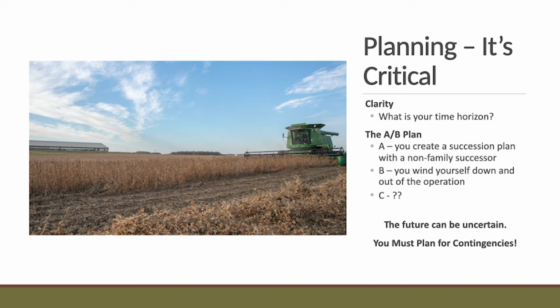You'll see here that I have a plan C. Sometimes we create one of those because maybe it's a nephew or a niece that's coming in, which would still be considered a family member transitioning in, but sometimes that has a little bit different consideration than if it would be a son or a daughter who is taking your operation over.